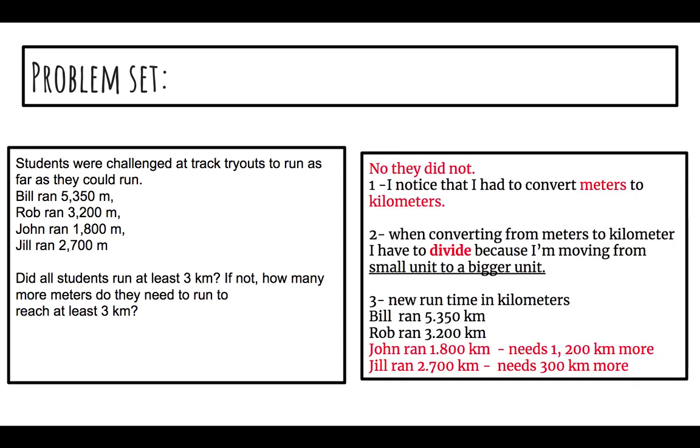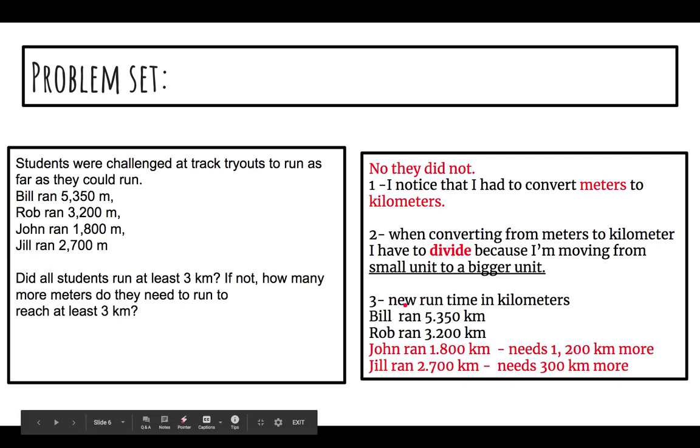Right away I noticed that I had to convert meters to kilometers, just like I said. Second, when converting meters to kilometers, I have to divide because I am moving from a small unit to a bigger unit. Do you guys see that?